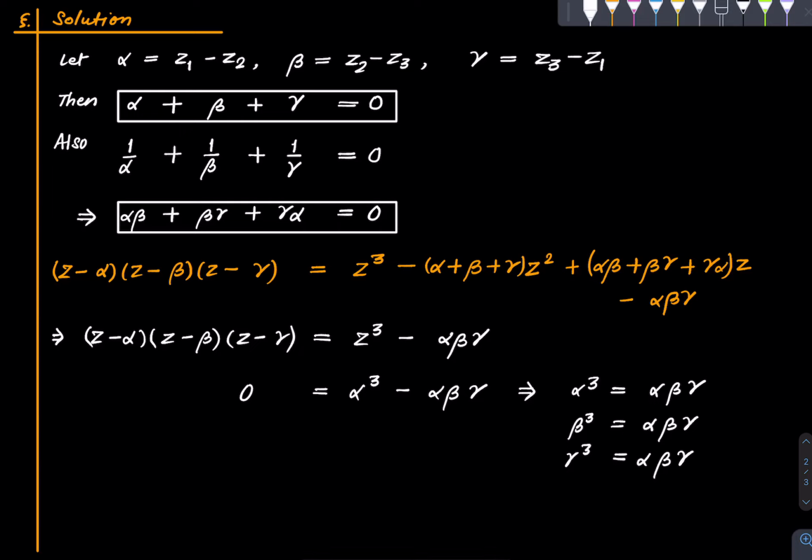All right. Let me label that as star. So from star, we get that the magnitude of alpha cube is equal to the magnitude of alpha beta gamma. And similarly, we get the magnitude of beta cube is equal to the magnitude of alpha beta gamma, and the magnitude of gamma cube is equal to the magnitude of alpha beta gamma.